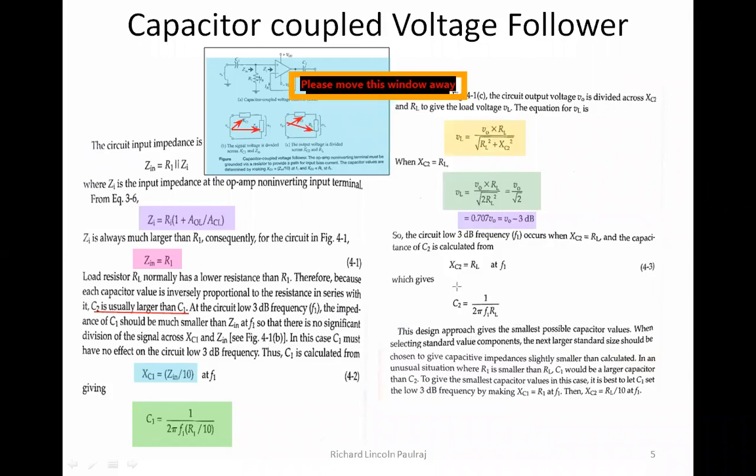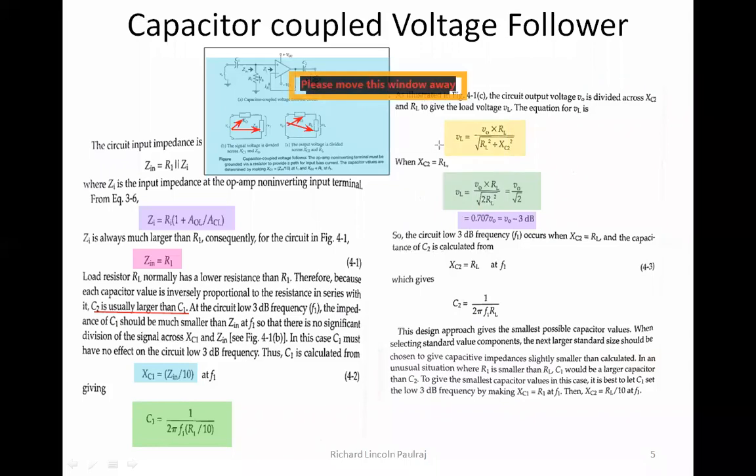Now let us come to XC2. Since the circuit is low, the 3 dB frequency occurs when XC2 is equal to RL. So we have taken this condition here, XC2 equal to RL, and the capacitance of C2 is calculated from another formula.